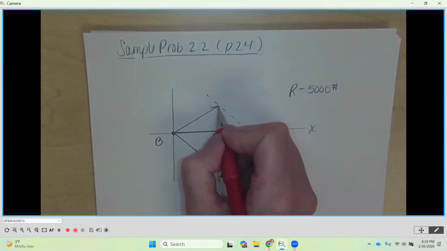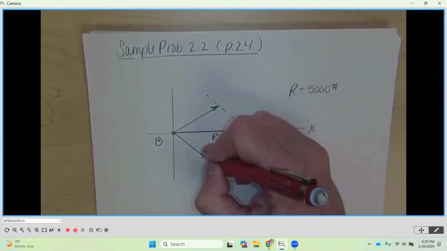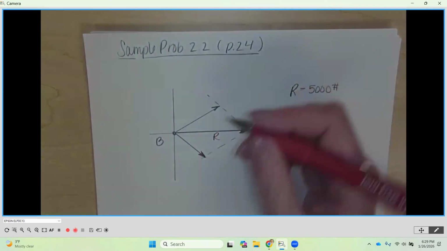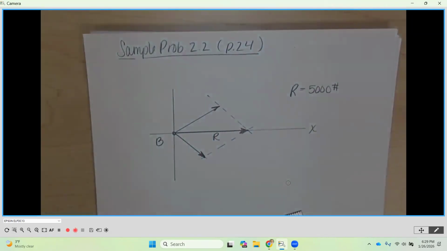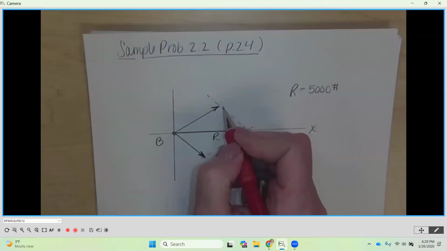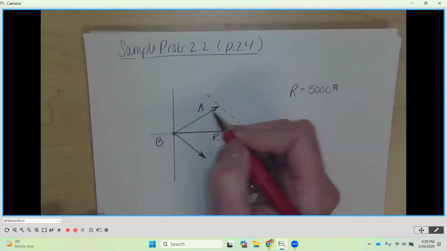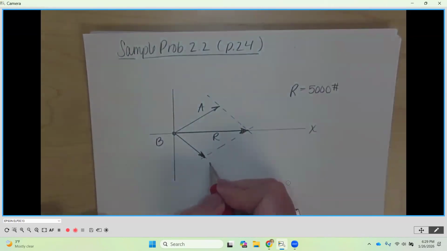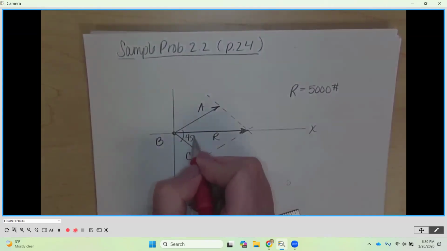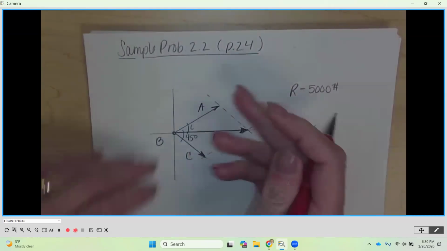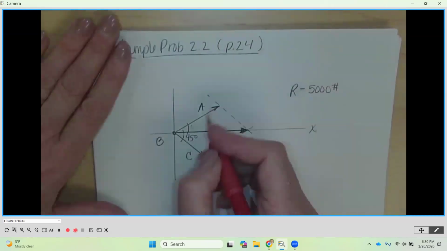And now you'll notice that I have created a parallelogram, right? Now this one is going up to A, tugboat A. So I'm going to call this one A. And this one is going down to tugboat C. So I'm going to call that one C. I also know that this angle is 45 degrees. I know that this angle is 30 degrees.